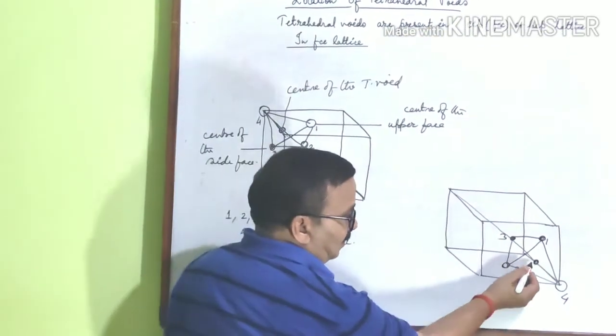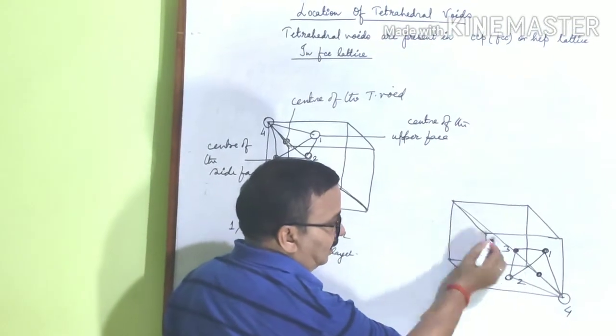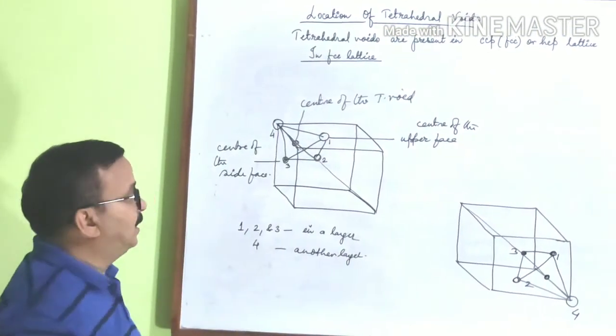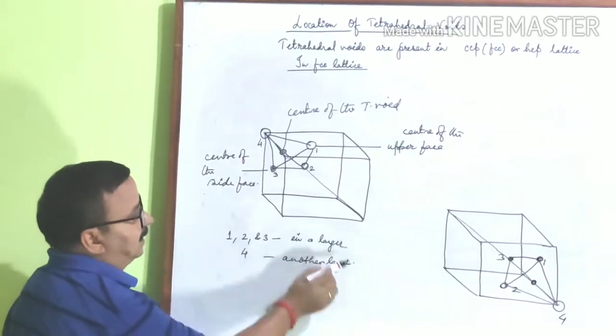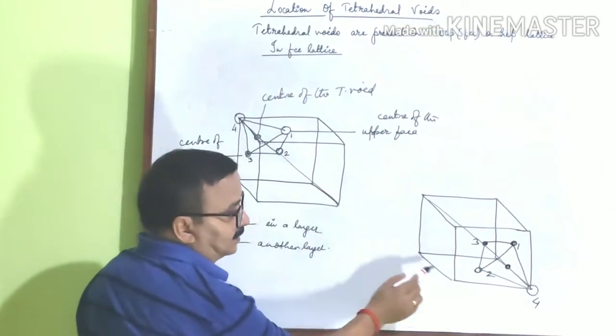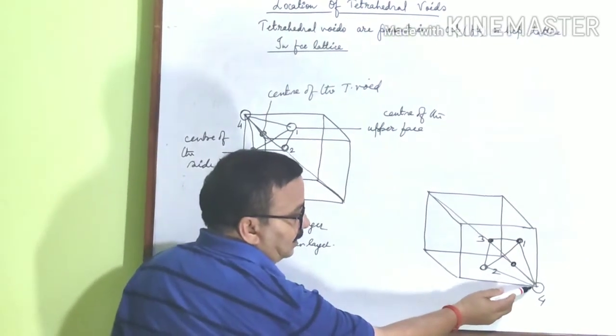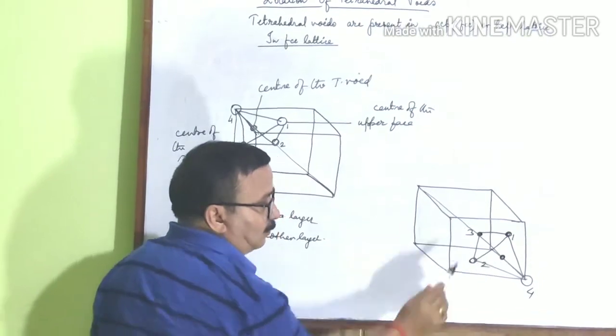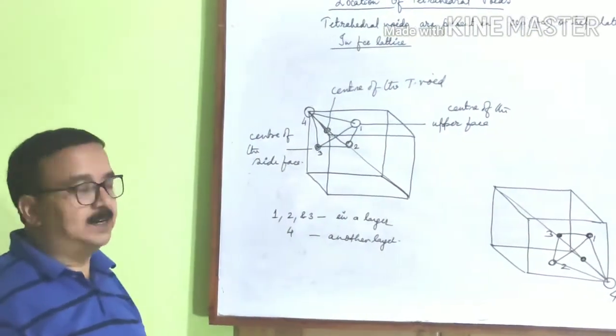Now the center of this tetrahedral void is at the body diagonal. So we can observe here that at the body diagonal one tetrahedral void is formed, and at the same time another tetrahedral void is formed here, the center of which is also present at the body diagonal.